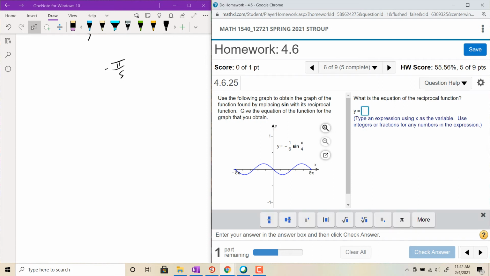I'm just going to put cosecant in there and see what happens, okay? Sine of, oh, whoops, cosecant. I can't imagine they just want me to put cosecant there. That's just silly. X over 4.